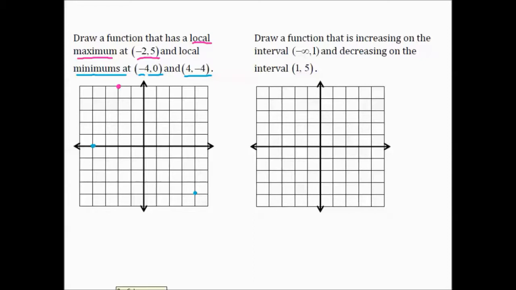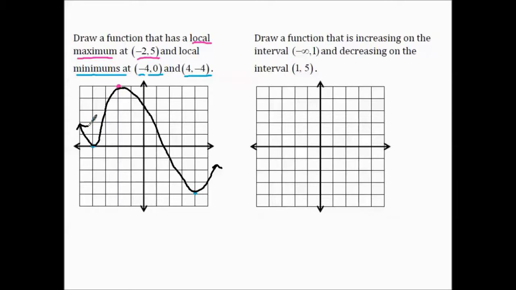Then you just want to connect the dots, making sure that your maximum and your minimums are correct. So this blue point here needs to be the bottom of a valley. This pink point needs to be the top of the hill. And then this blue point over here needs to be the bottom of a valley. And that's it.